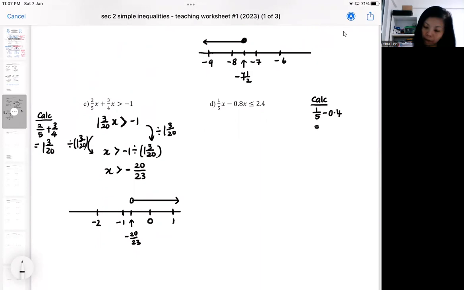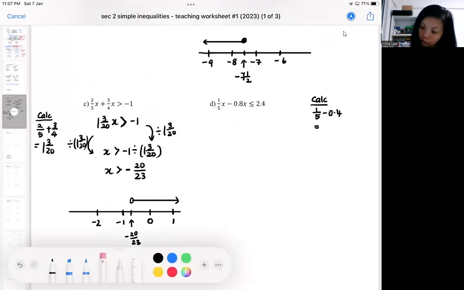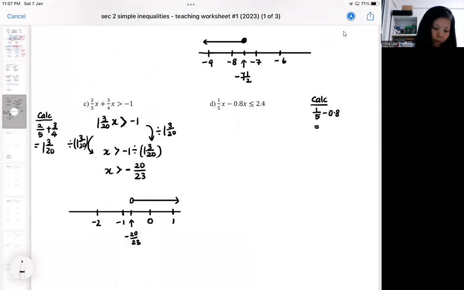So in fact, I should calculate 1 over 5 minus 0.8. So I'll get negative 0.6x. It doesn't matter that you've got a decimal right now. Your aim is still to get x.